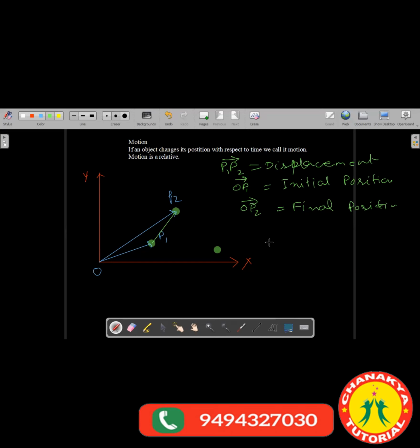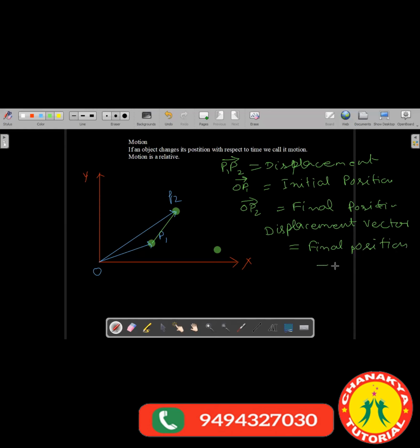Since it is in the form of a vector, and vectors are quantities which have magnitude as well as direction, the displacement vector will be written as final position minus initial position.